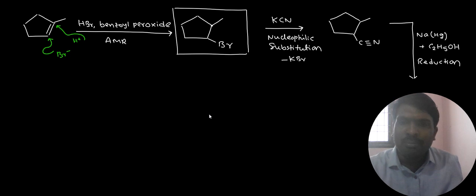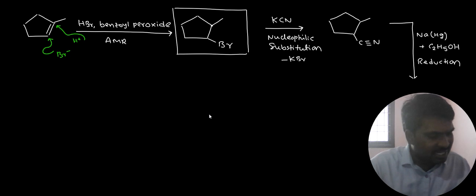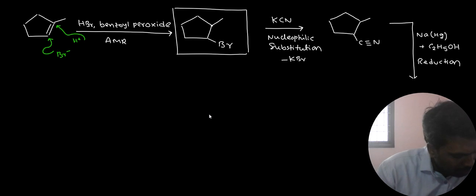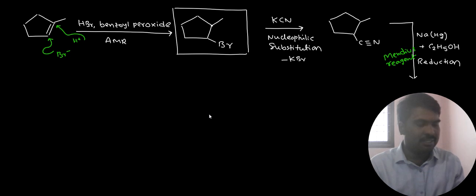Now sodium amalgam and ethyl alcohol. If we treat with sodium amalgam and ethyl alcohol, this reagent is also called Mendius reagent. This reaction is also known as the Mendius reaction.